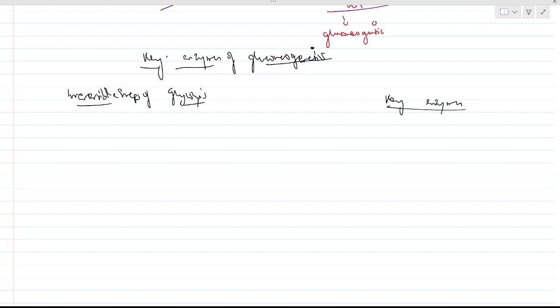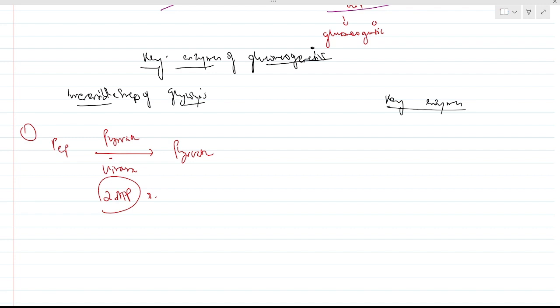First irreversible step: the formation of pyruvate from phosphoenolpyruvate, and the enzyme is pyruvate kinase. Here 2 ATPs are produced.